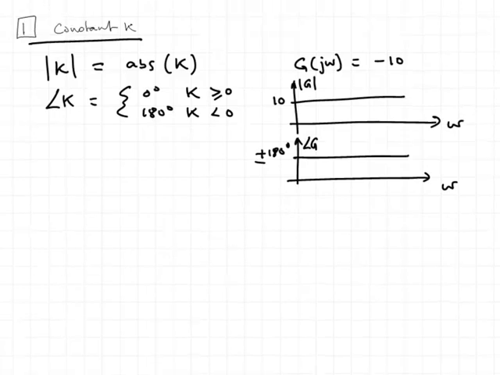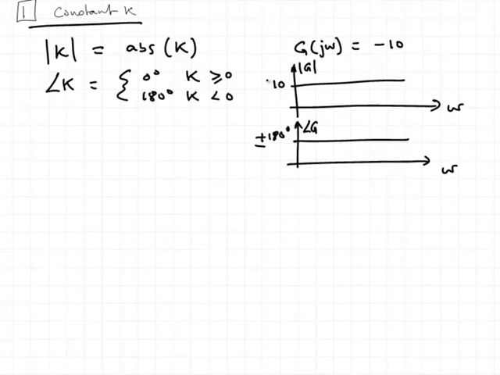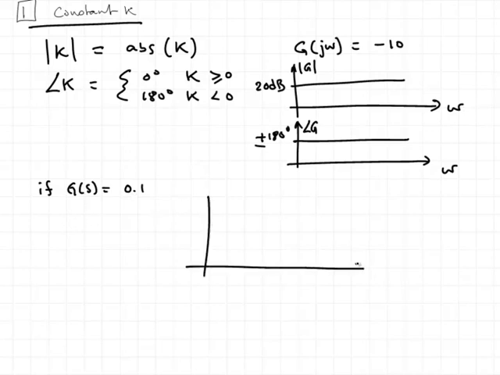In fact, I should redraw this on a dB scale. This would be 20 dB. And if, for example, g of s were equal to 0.1, now the magnitude plot would look like this.